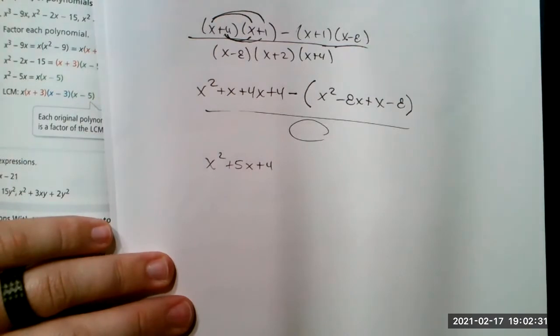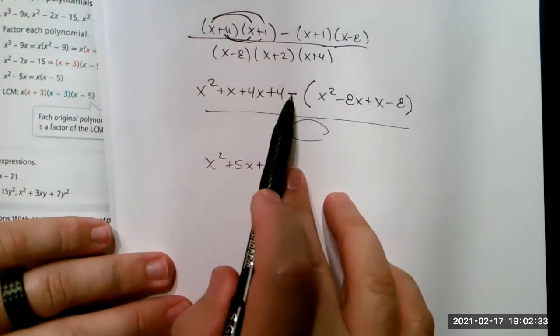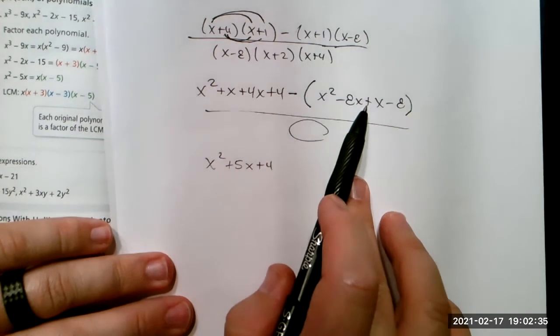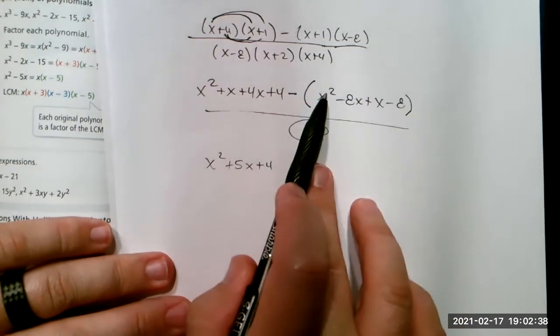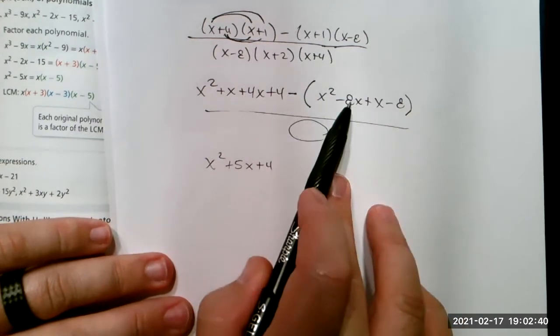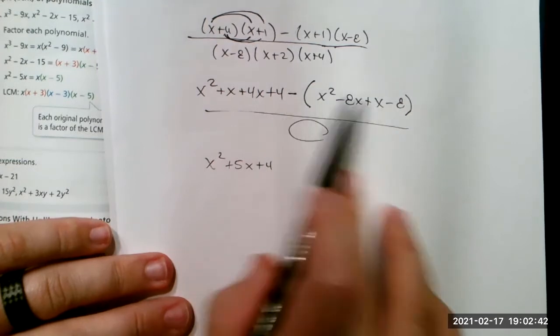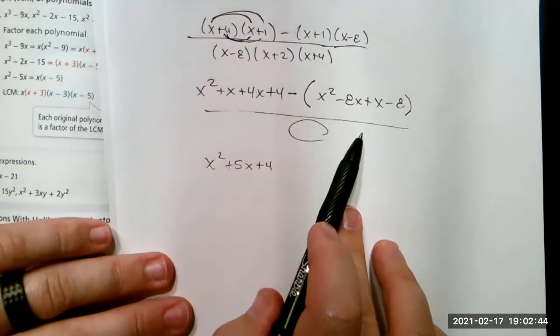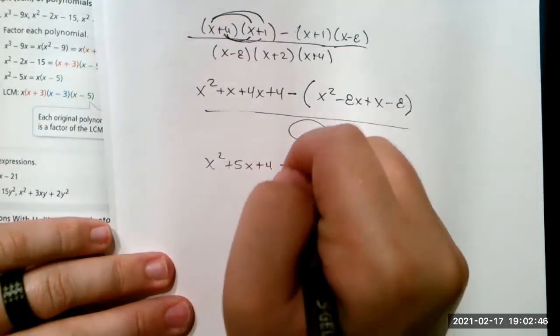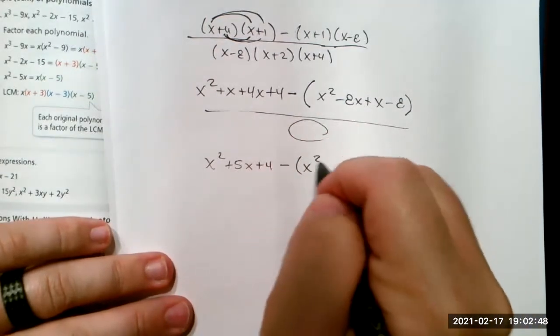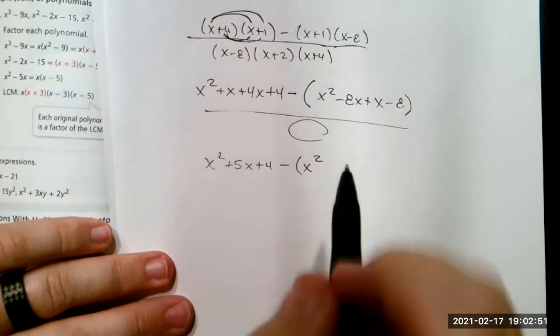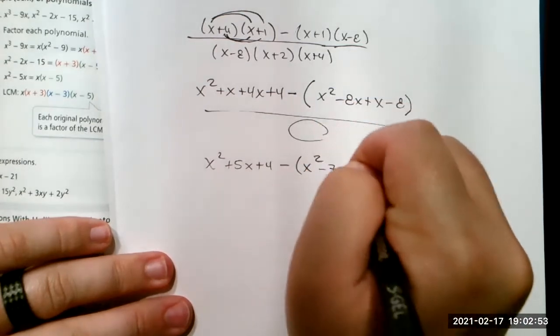But here's the thing that tends to trip people up. I am subtracting everything in this set of parentheses. I'm subtracting the x squared. I'm subtracting the negative 8x. I'm subtracting the x, subtracting the negative 8. Everything gets subtracted. So I'm going to go ahead and combine like terms first. Negative 8x plus x is negative 7x.